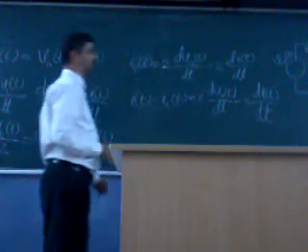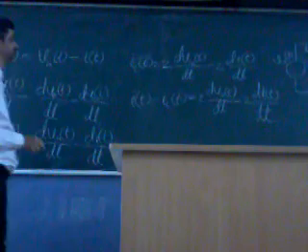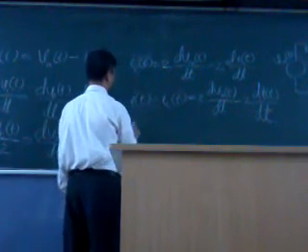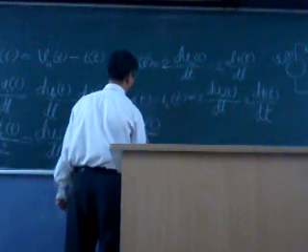Now I will differentiate it further. dI(t) upon dt minus dI_L(t) upon dt is equal to 2 d2V_in(t) upon dt square minus 2 d2I(t) upon dt square.